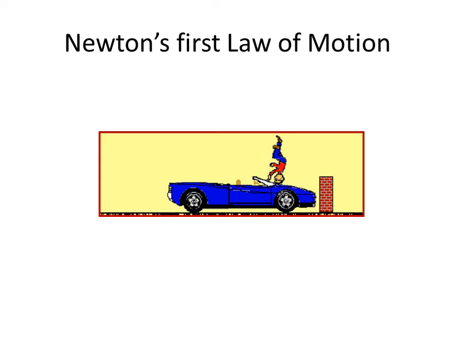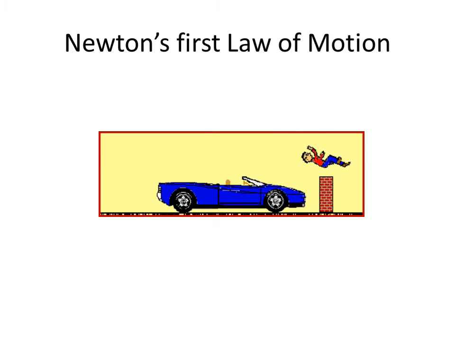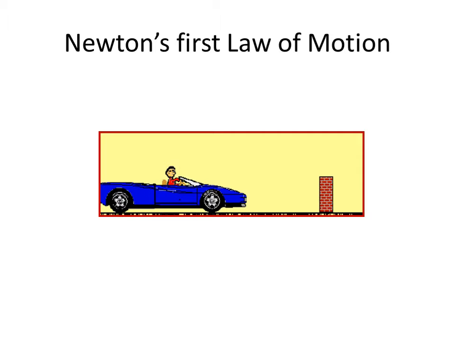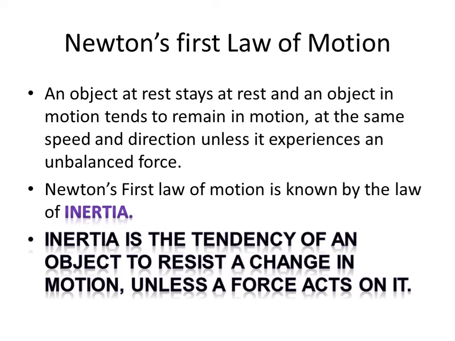Now, let's see what Newton's first law of motion is by definition and in words. An object at rest stays at rest, and an object in motion tends to remain in motion at the same speed and in the same direction, we mean velocity, unless it experiences an unbalanced force.